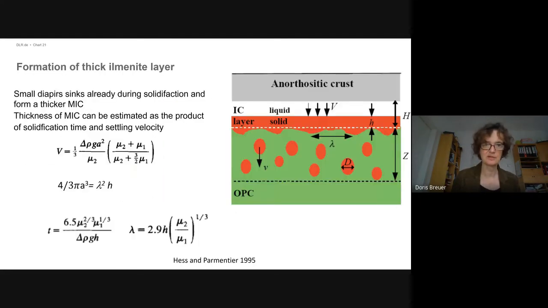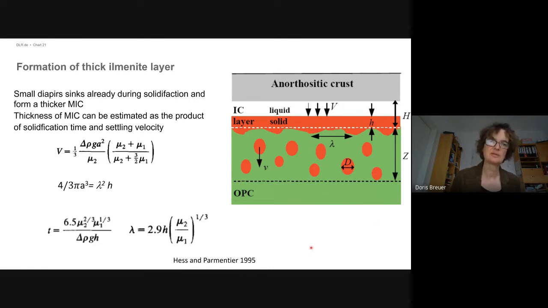For that, I show you this slide here. The idea is that when you start crystallizing, you first have a thin IBC layer, which then grows in thickness, but it is a slow process. So you can calculate the Stokes velocity of smaller diapirs sinking down before the whole layer becomes unstable.